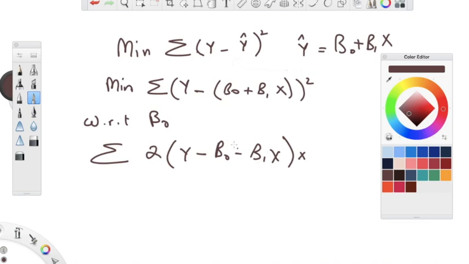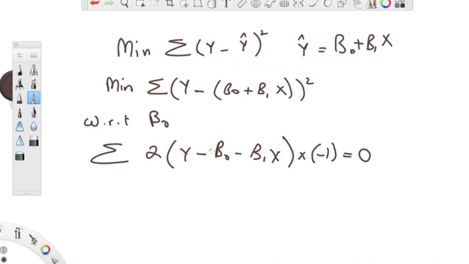So since we're differentiating with respect to beta naught, the derivative of beta naught with respect to beta naught would become minus 1, and then let's put it as equal to 0.